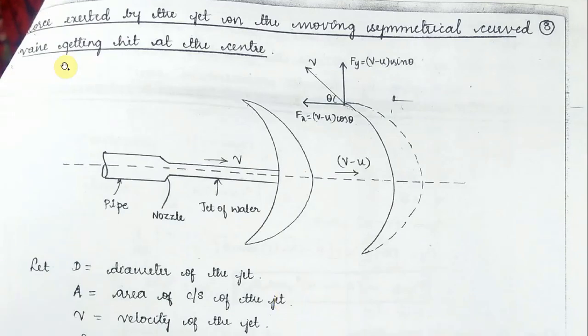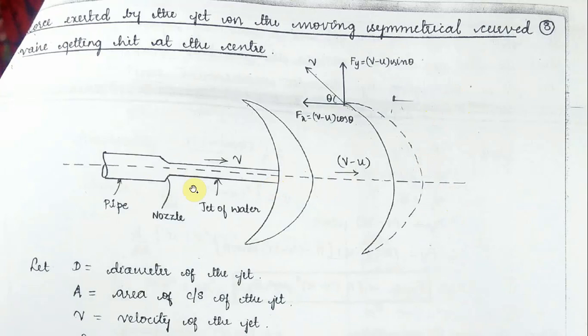Okay. Next one, force exerted by the jet on the moving symmetrical curved vane getting hit at the center. Okay, it is a symmetrical curve, but in the previous case it was fixed. In this case, it is a symmetrical and smooth curved vane, but it is not fixed here. At its ends, it will not be fixed.